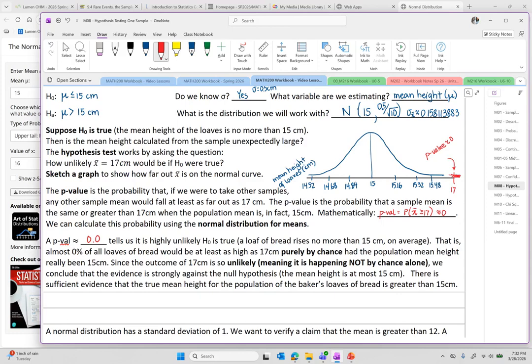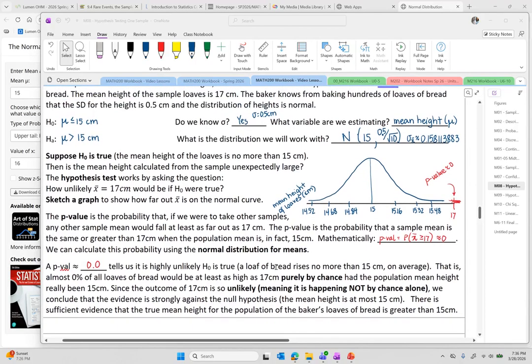Since the outcome of 17 centimeters is so unlikely, then I can conclude that I have enough evidence to reject the null hypothesis, meaning that the height is at most 15 centimeters. In fact, my decision will be to reject the null hypothesis, but my conclusion will be that I have evidence to support the alternative hypothesis, which is that the mean height of loaves is greater than 15 centimeters.